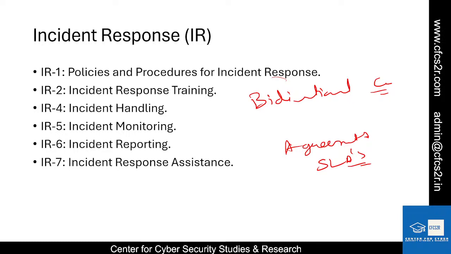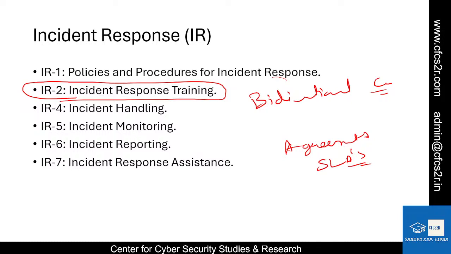So we have seen till incident response. We have talked about a few important issues: bidirectional communication with the supply chain partners, and incident handling and incident monitoring. Whenever you are preparing your team, always prepare them with incident response training, because it is a very important part. If you are not giving them proper incident response training, it will impact your entire organization.